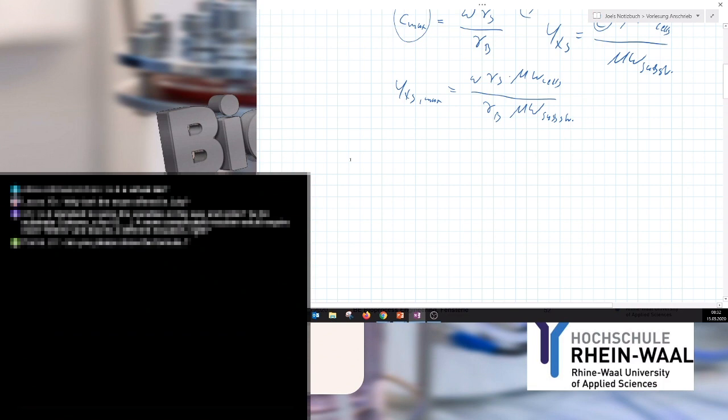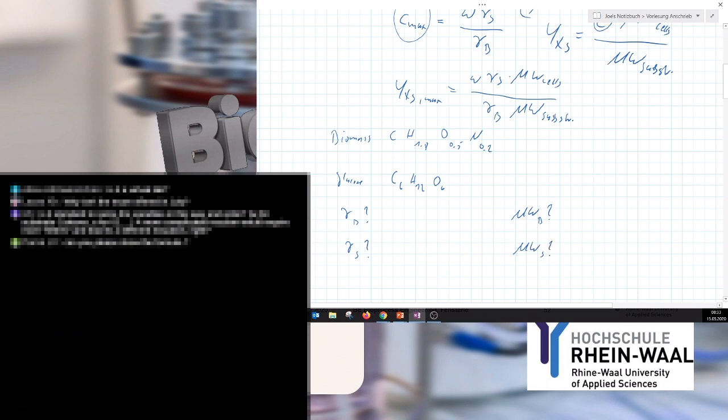Our biomass was CH1.8O0.5N0.2, and glucose is of course C6H12O6. So the degree of reduction of our biomass is the question, the degree of reduction of our substrate is the question, the molecular weight of our biomass is the question, and the molecular weight of our substrate is the question.